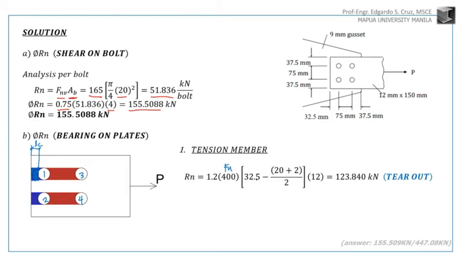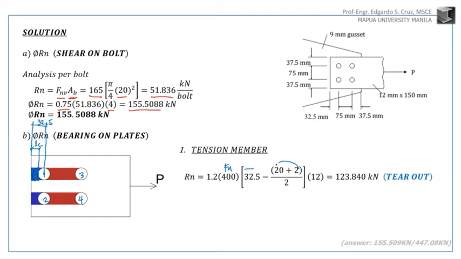The 32.5 is from the center of the bolt to the edge of the plate. This is the 32.5.